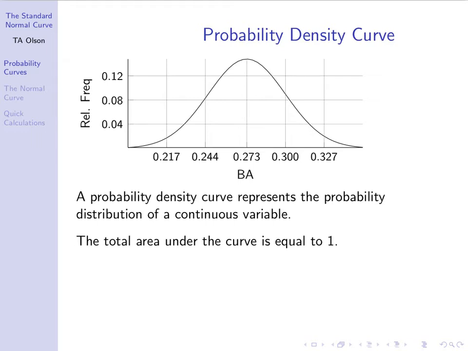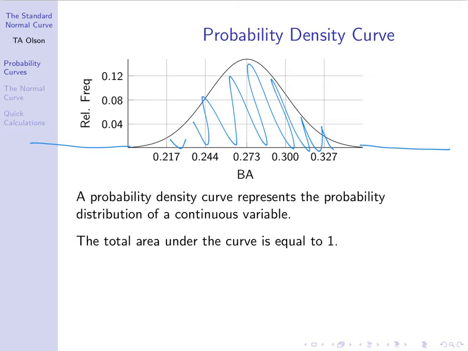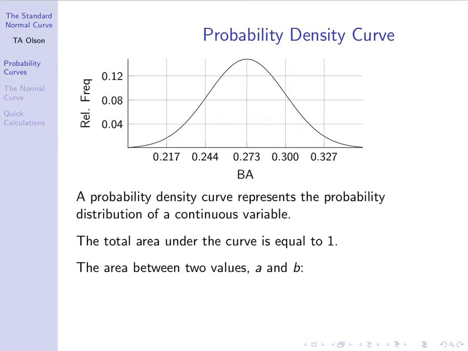One of the nice things about using this curve is that if I add up the total area under the curve, this total area is equal to 1, right? There's an area of 1 under this curve if I take it all the way out to infinity on either end.